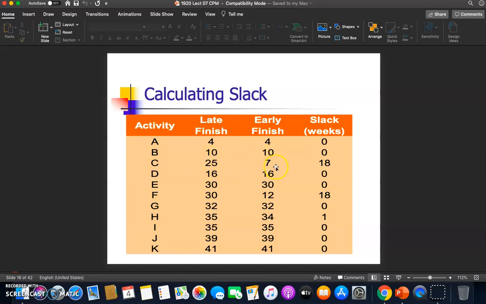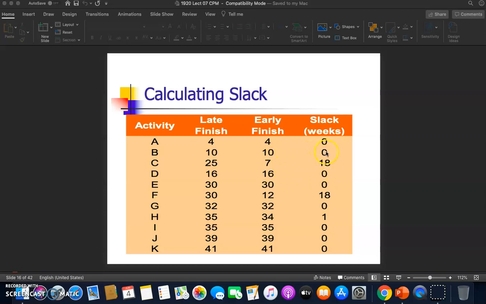So within this duration, we can postpone or delay only this activity C, and within this duration we can postpone and delay only this activity F, and within 1 week we can delay or postpone activity H. I hope you all can understand this calculation.